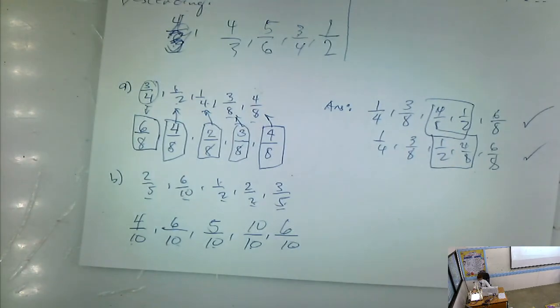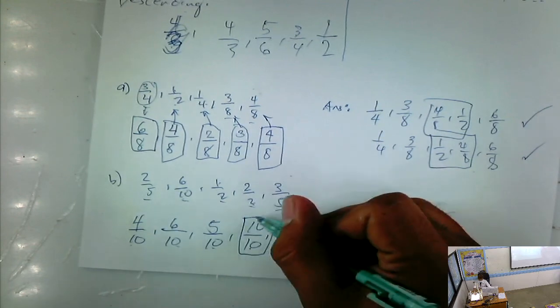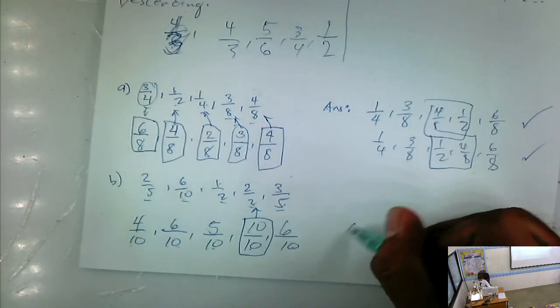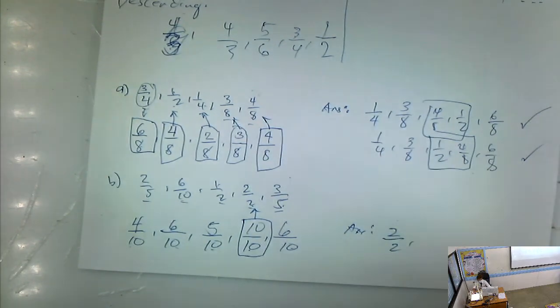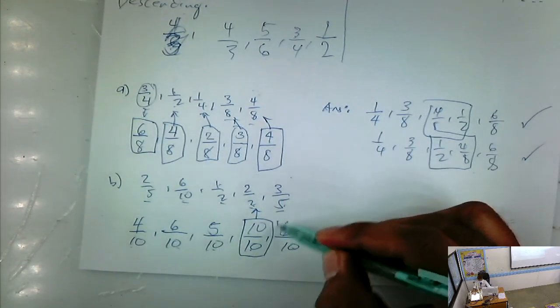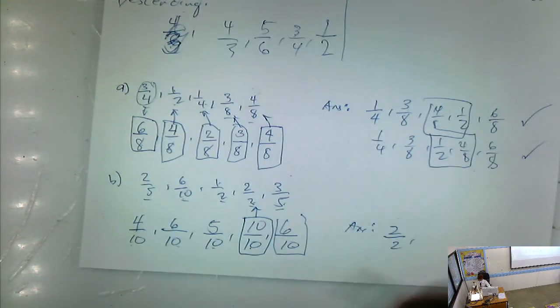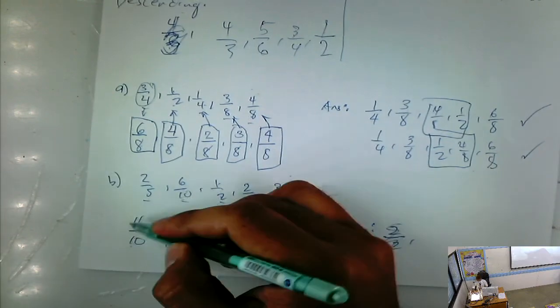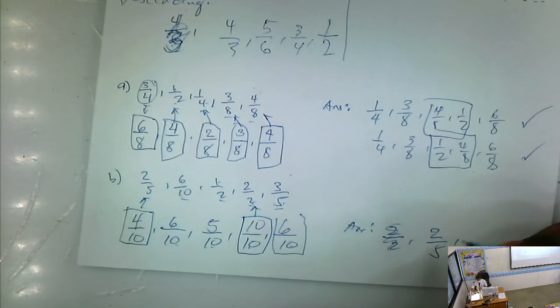Again, ascending, smallest to highest. What's the first number? Sorry. Smallest to highest. So, the first one is 4 over 10, which is 2 over 5.